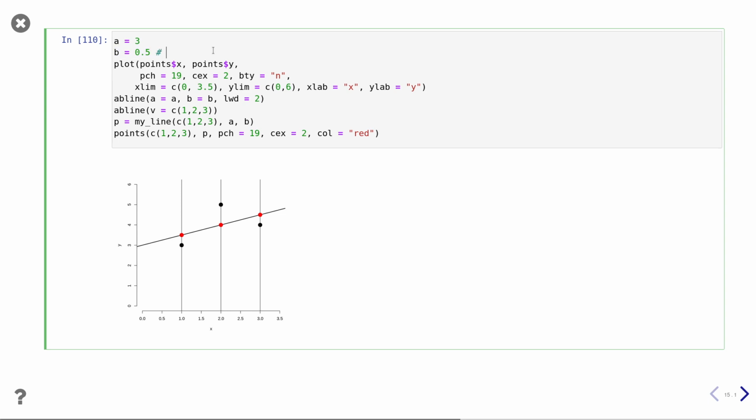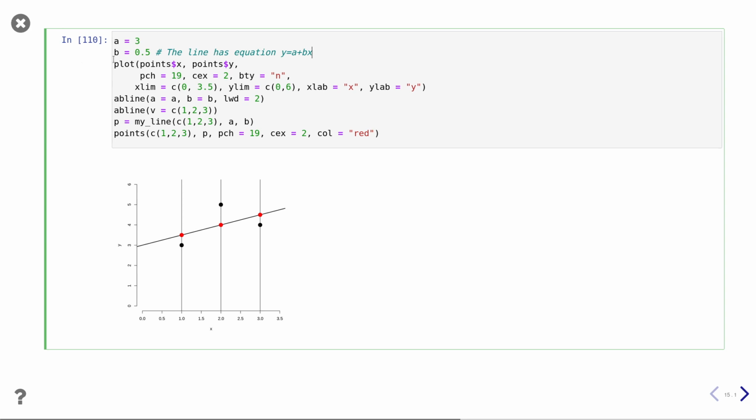The line has the equation y equals a plus bx. When I post these slides online, I will make sure that everything is in order a plus bx, but you see what I mean.